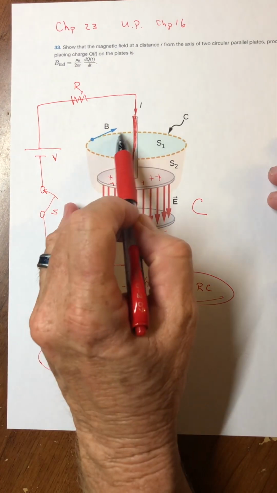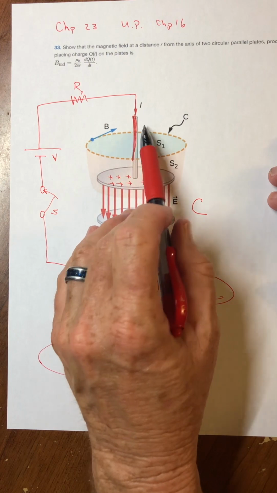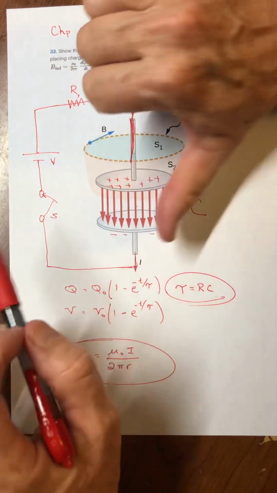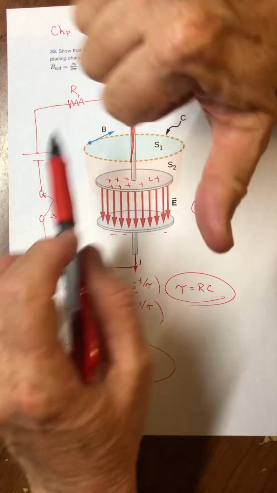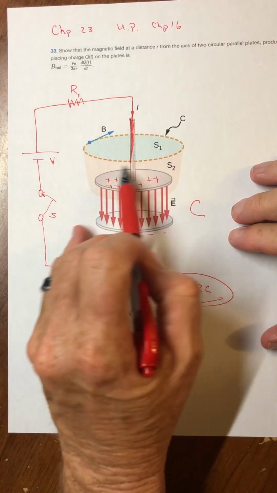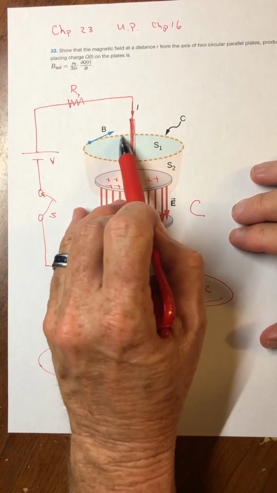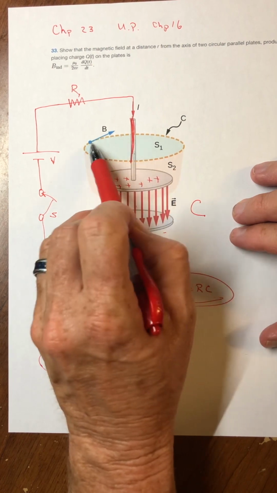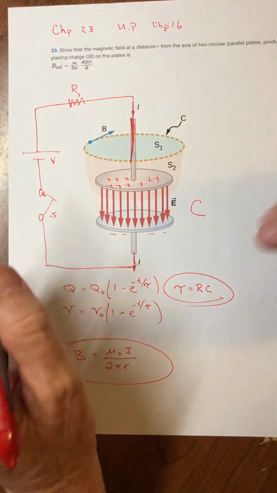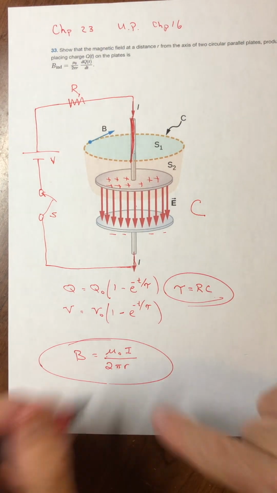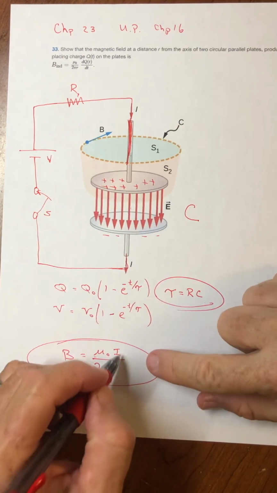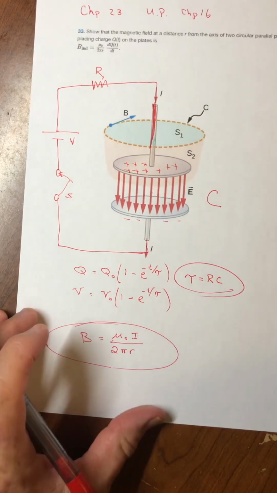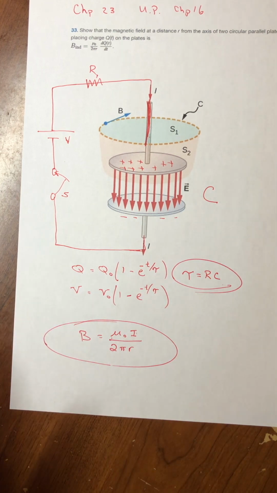That's what this picture is trying to illustrate. You can see the current going down. If I take my right hand and point my thumb down, the magnetic field would be this brown line, a circle around it, and they're showing the field at this point. So there'd be a field making a circle around it given by this formula. It depends on how much current, and of course the distance away.